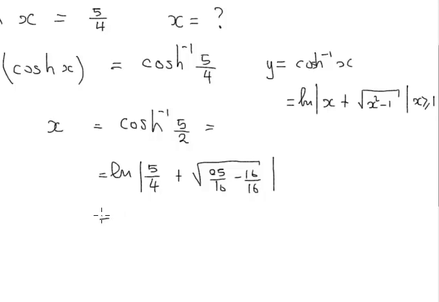So we put this as ln of 5 over 4 plus the square root of 9 over 16. Then we evaluate that. What are we going to get? 3 over 4 plus 5 over 4. Then you get ln of 8 over 4, which is 2, isn't it? Ln of 2.